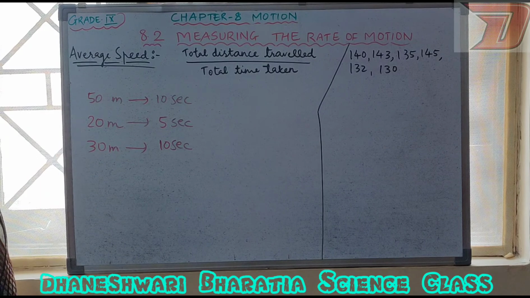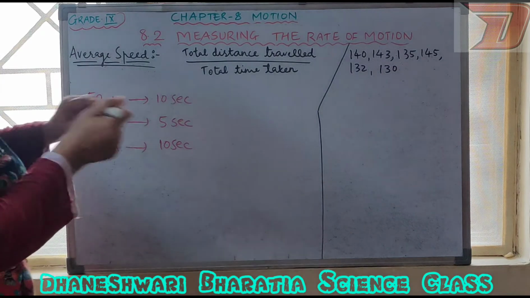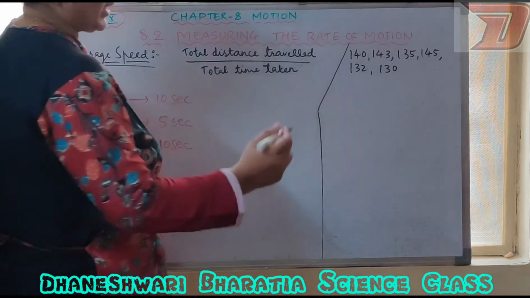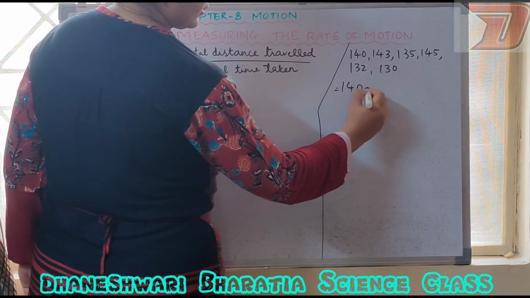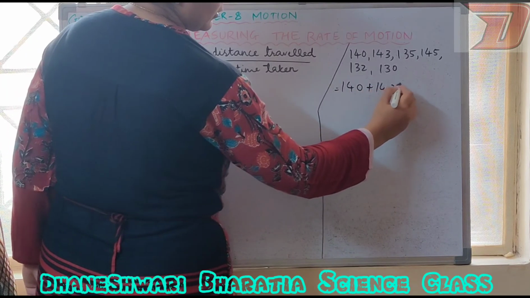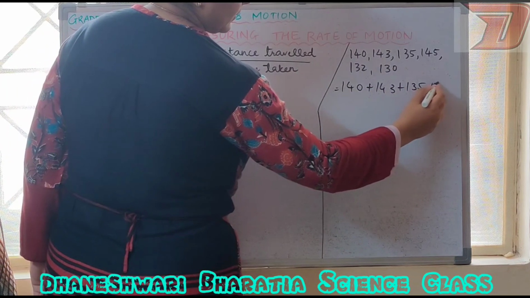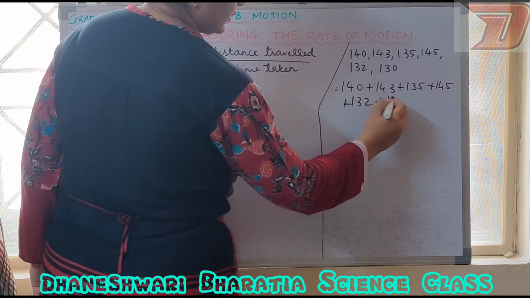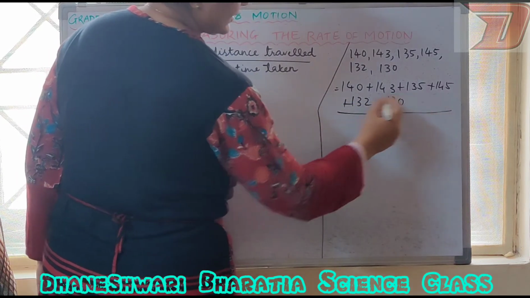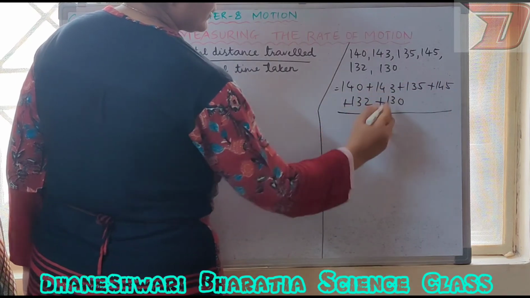So as we can see, many speeds of that ball have been given. So how to find the average speed? We have already used this formula in maths, isn't it? How to find? We have to add all these. 130. And how many addends are there? 1, 2, 3, 4, 5, 6.